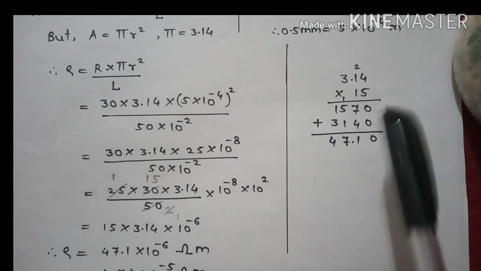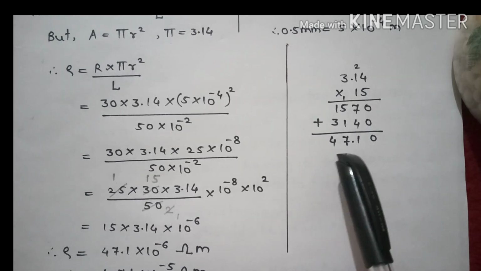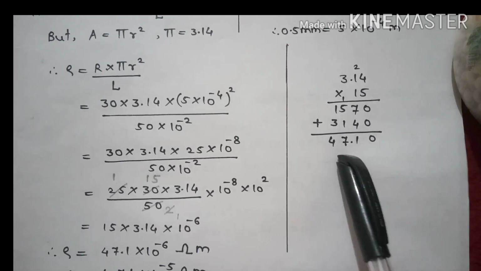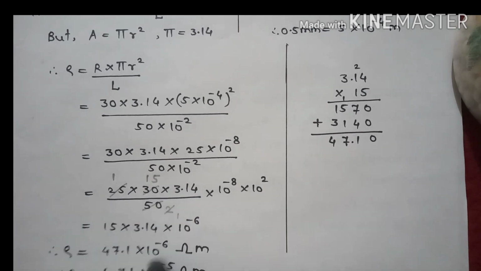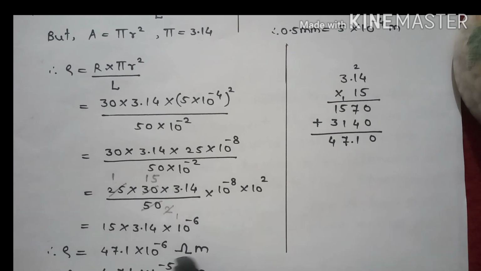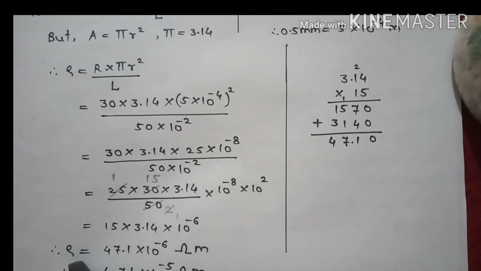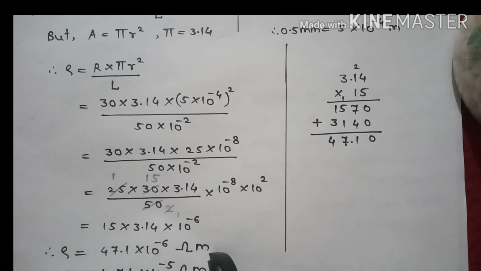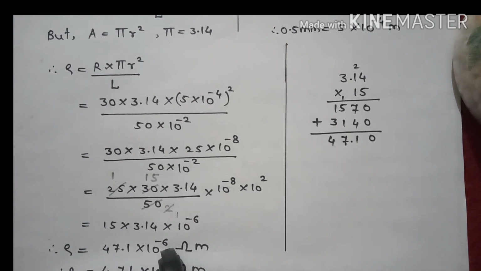This multiplication we can do in working column. So after multiplication we get answer 47.10, that is 47.1 into 10 raised to minus 6 ohm into meter, because resistivity's unit is ohm into meter. Now this 10 raised to minus 6 is the given, children.